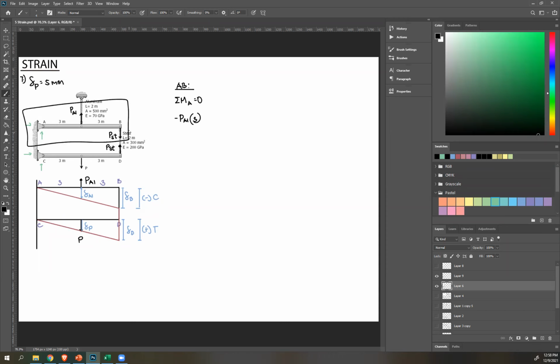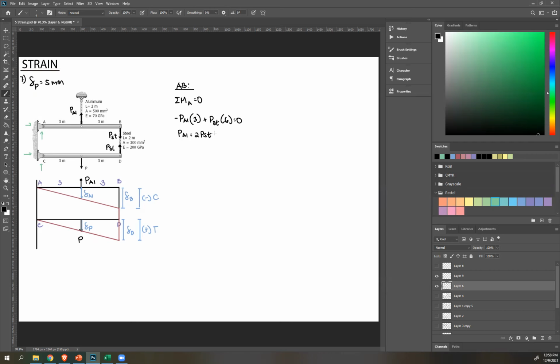So just considering this part, there's a PST downward, rotate about A, that's clockwise, so positive PST. Perpendicular distance, 6. Okay. And then you can simplify this, you'll say that PAL is just twice your PST.